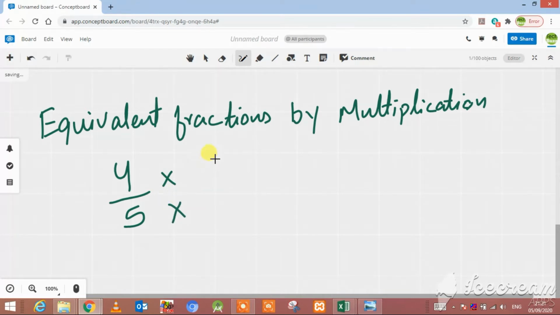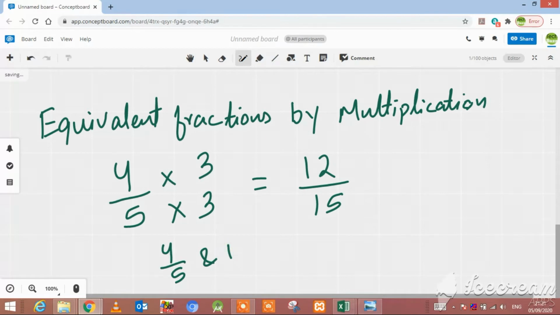Suppose here I am taking 3, so I will multiply numerator and denominator with 3. So if I multiply, 4 3s are 12 and 5 3s are 15. So I can say 4 upon 5 and 12 upon 15 are equivalent fractions. Oh wow, how easy it is.